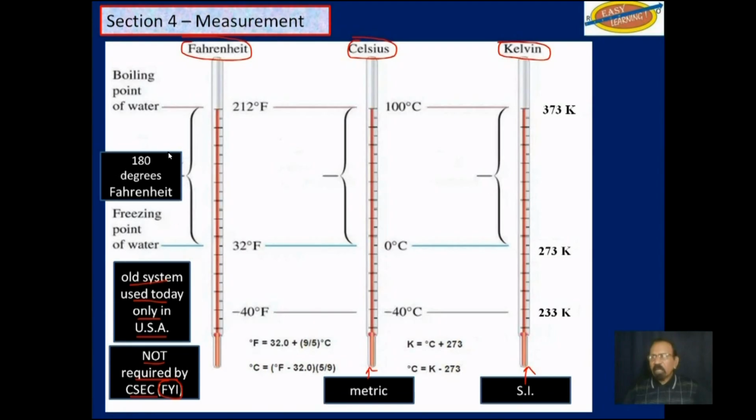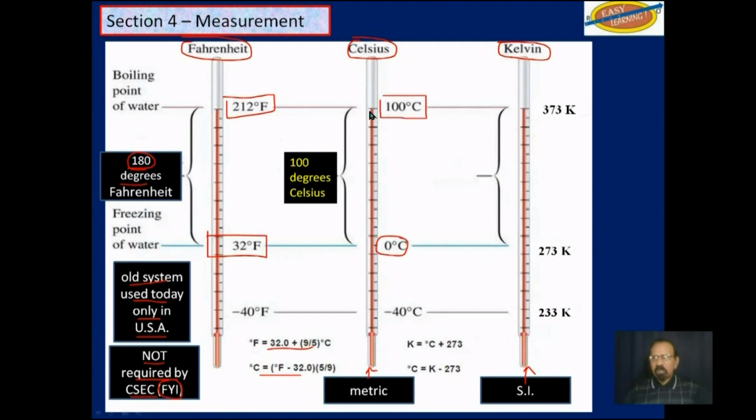This one here in the middle is the metric, and this one over here is SI. In the Fahrenheit scale, water freezes at 32 degrees Fahrenheit and boils at 212 degrees Fahrenheit. So between freezing and boiling water, you have 180 degrees Fahrenheit. And there is a way to convert that, but we are not dealing with conversion right now. In the Celsius scale, water freezes at 0 degrees Celsius and boils at 100 degrees Celsius.